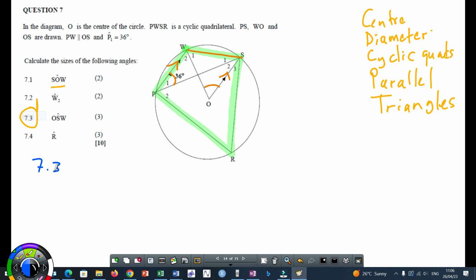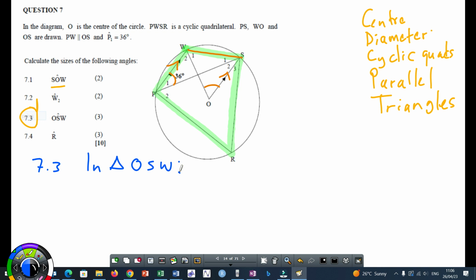Before I carry on, I'm going to write "in triangle". By specifying the triangle, it indicates that I know what I'm doing. I have identified the triangle which is going to help me determine the size of that angle. So write down the triangle.